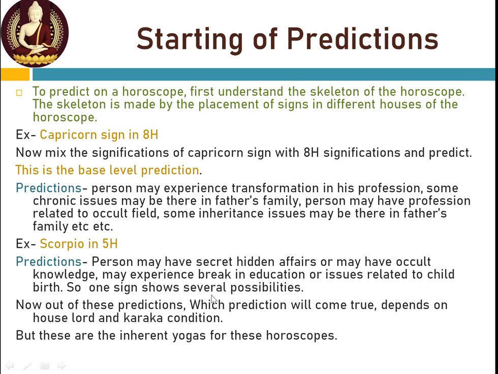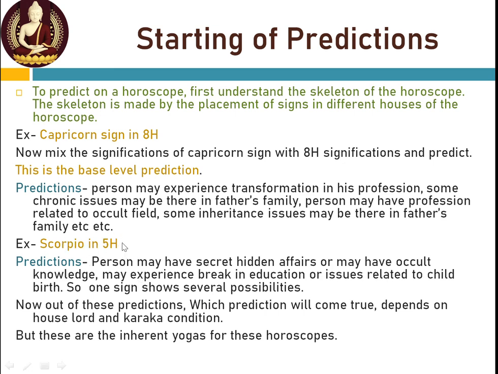So these are the yogas, and this is how you have to mix. One single sign in one single house shows many possibilities, trust me. But out of these predictions, which will be true depends on the planets, which we will see later. But these are the inherent yogas. You have to understand this.